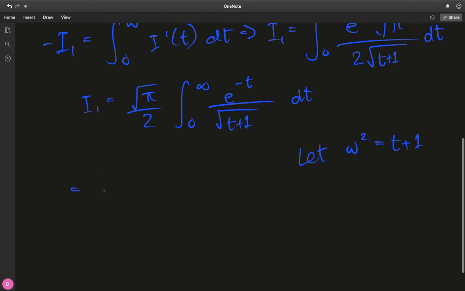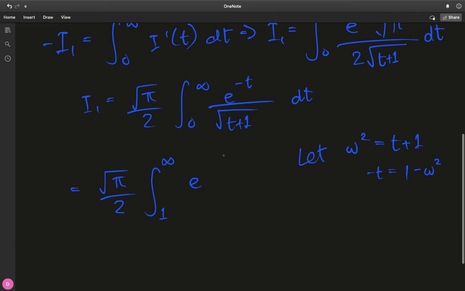So we have square root of pi over 2 times, well, when t equals 0, t plus 1 or 0 plus 1, w squared is going to be 1. And when t tends to infinity, even w tends to infinity. So we have integral from 1 to infinity of, now instead of this negative t, basically, negative t is basically going to be 1 minus w squared.